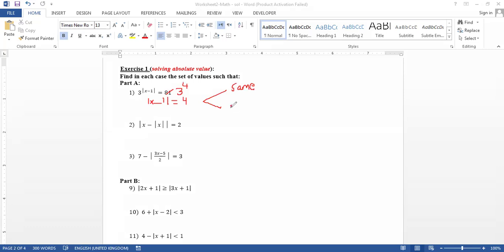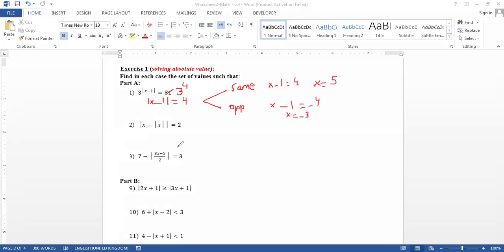What do I mean by same? I put it as it is. So x minus 1 equals 4, then x equals 5. Opposite, we have x minus 1, we keep everything on the left as it is, but we put the opposite of the right side. So here we have x equals minus 3. So I have two solutions, 5 and minus 3.